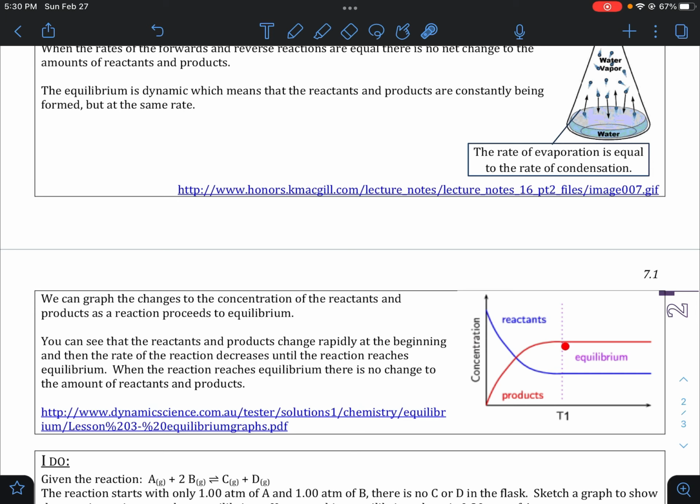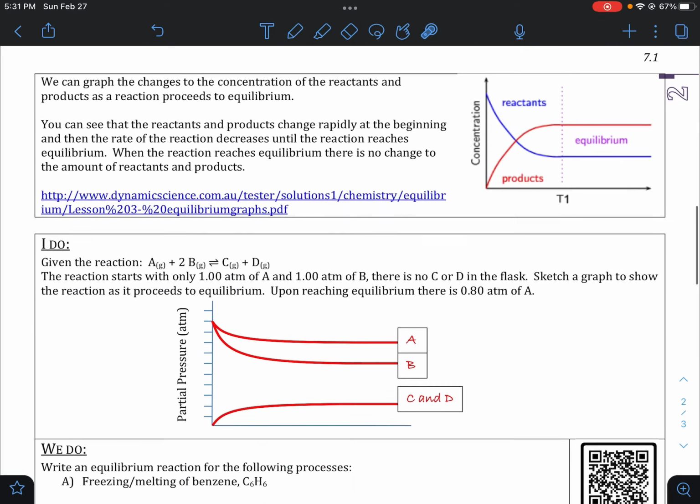The products have the same concentration after our equilibrium point, and our reactants have the same concentration at and after it. There's a constant exchange of products and reactants, but it's happening at the same rate, so there is no net change.